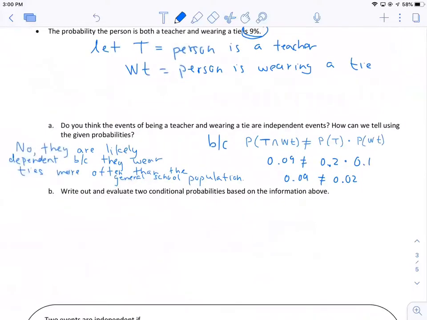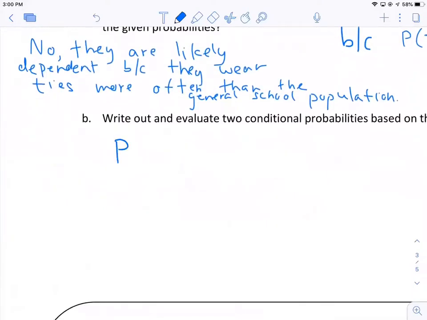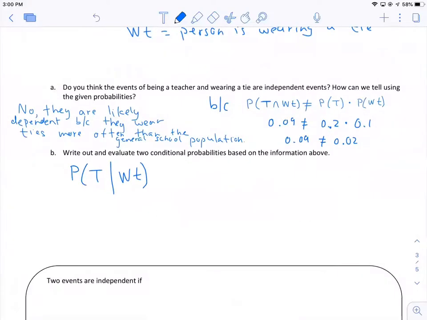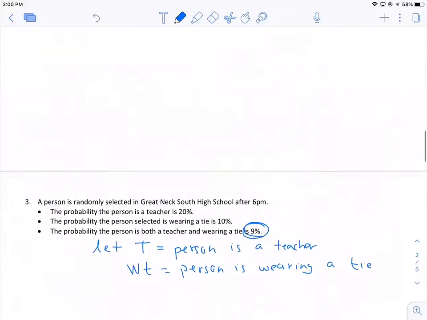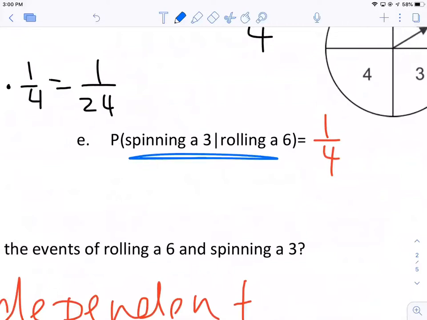So write out and evaluate two conditional probabilities based on the information above. So I'm going to say, what is the probability that the person is a teacher given that they wear a tie? Again, remember when they were independent, these conditions did not affect the probability of spinning a 3.